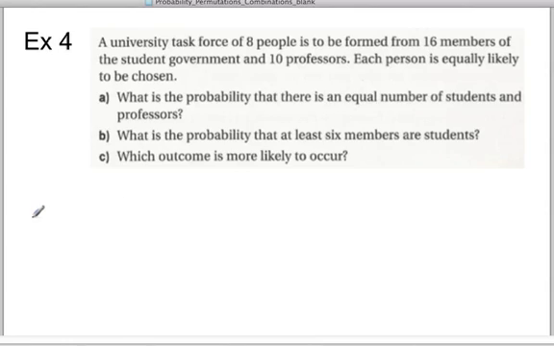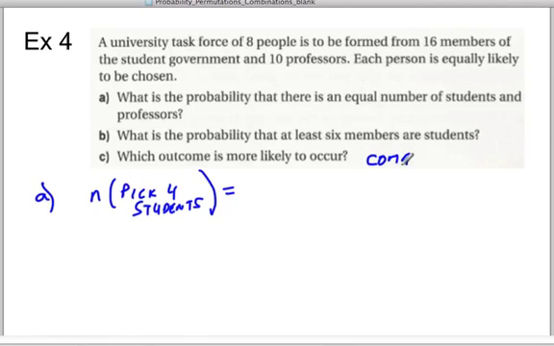So 4 professors and 4 students. Well, the way we can do this is, first of all, we'll figure out the number of ways that you can pick 4 students. Now, since it's part of a committee, there is not any special roles, so this has to be a combination because they're not being assigned particular tasks.